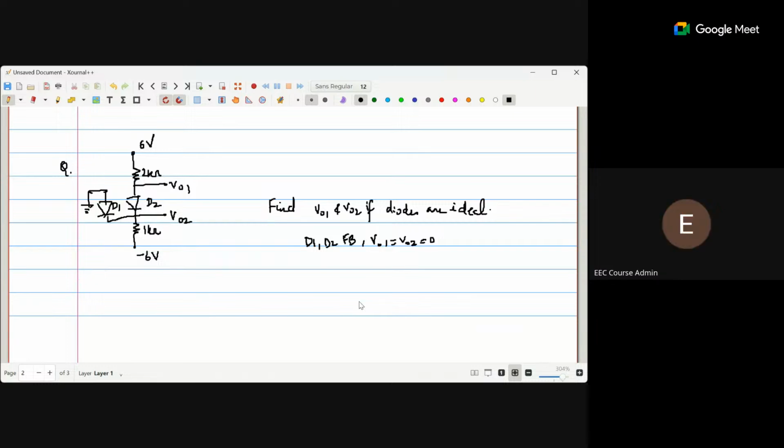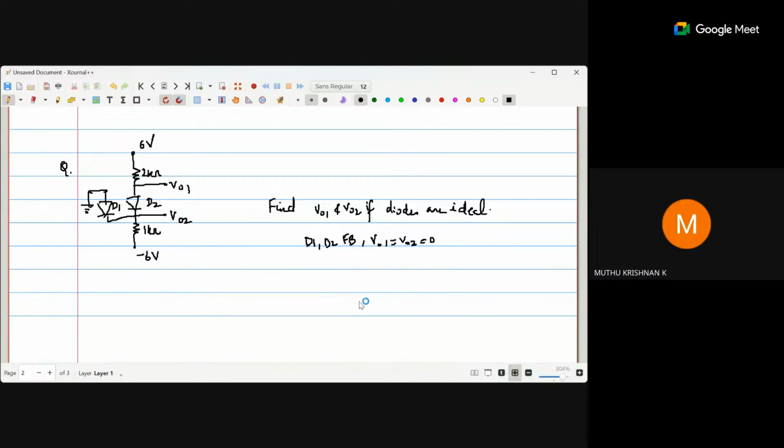Correct. Now, with that, how do you say to keep aside D1? I don't understand what your point is. No, ma'am, so then no current should flow through D1, right, ma'am? Because both the anode and cathode are at the same potential, the voltages are same. So even though D1 is forward biased, no current will flow through it, right? Correct. Yes, ma'am.